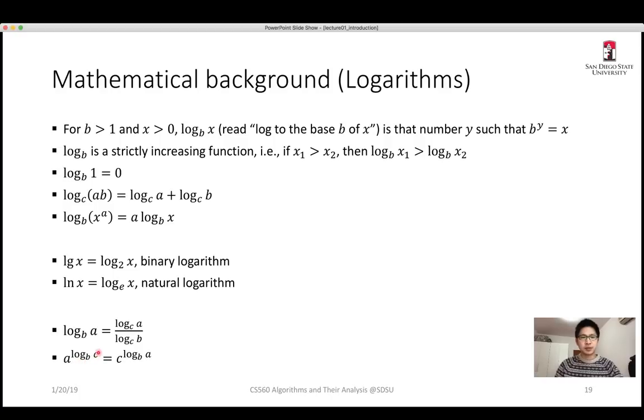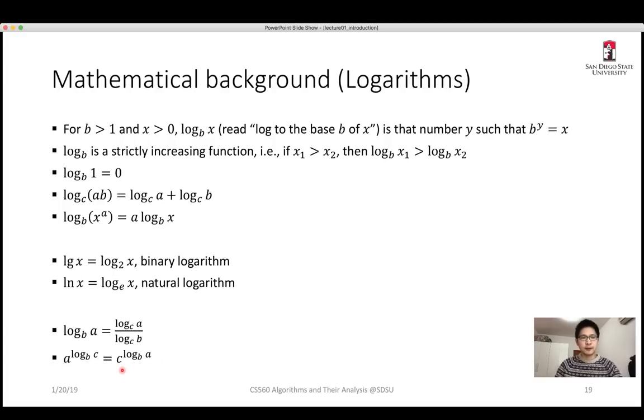Another property is a to the log b of c. Here the exponent is a logarithm, which is the log b of c. By observing this expression, you can switch c with a, so that the expression on the left equals c to the power of log b of a. You can prove this by simply taking a logarithm of base b on the left term and on the right term.